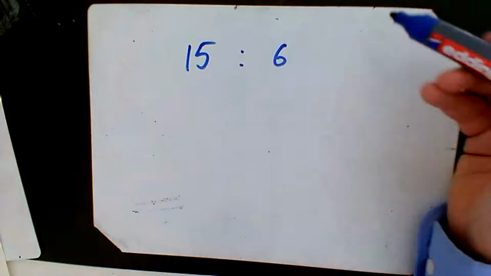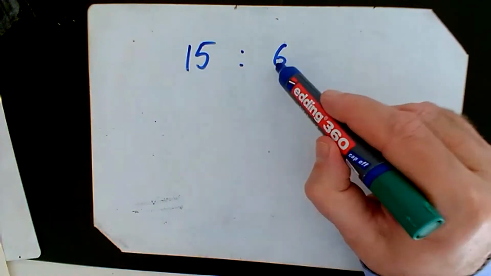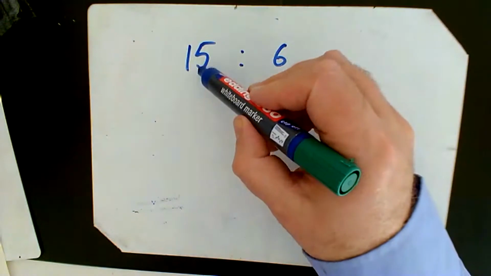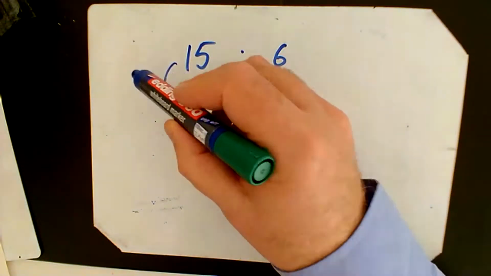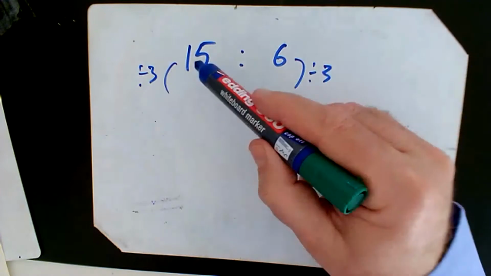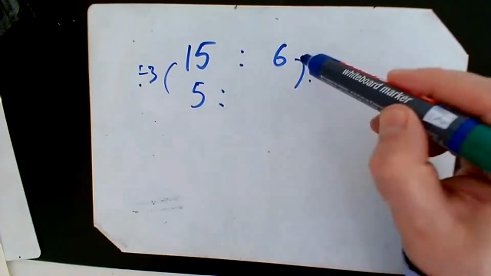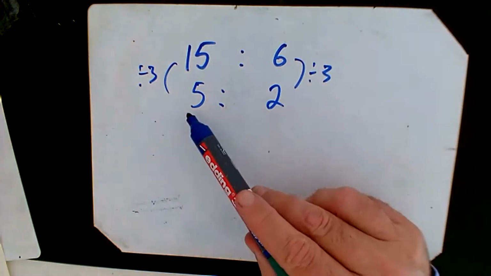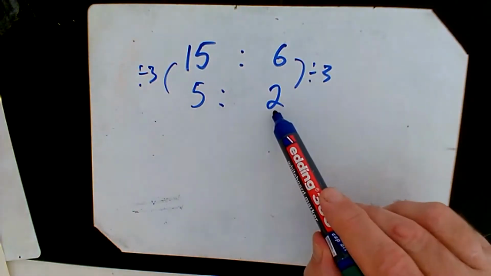I can do that a little bit like a fraction. What goes into both 15 and 6? Well, 3. You can divide both by 3, can't you? So if I divide that by 3, divide that by 3, how many 3's in 15? 5. And then 2. So the ratio is for every 5 cars, there would be 2 vans.